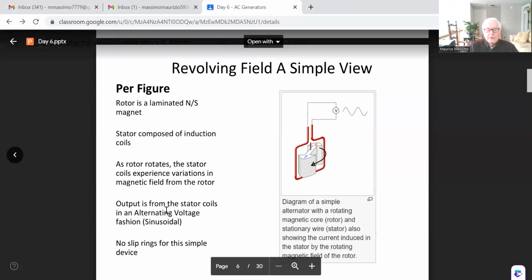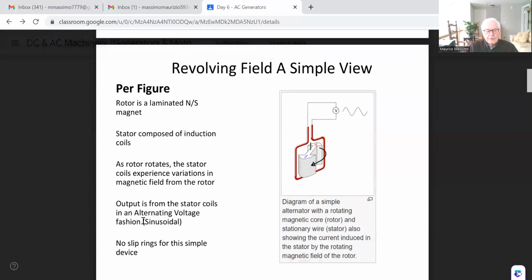So the output is from those stator coils as an alternating voltage, which is sinusoidal. Sinusoidal because this guy is rotating. Okay, the rotor is rotating.